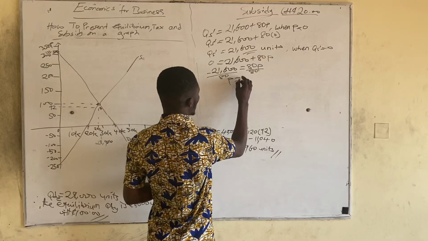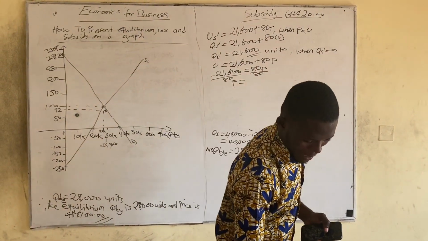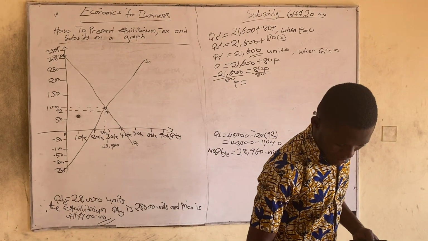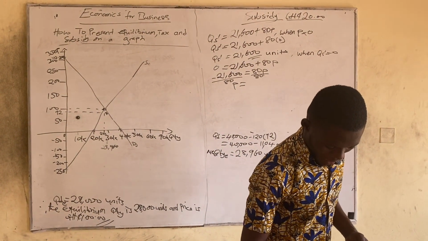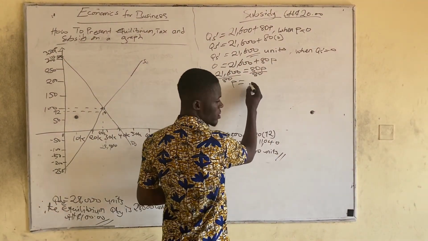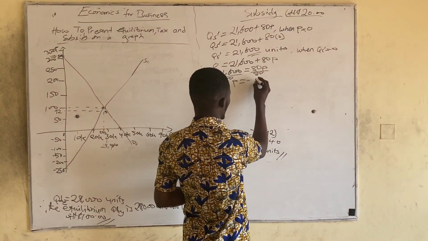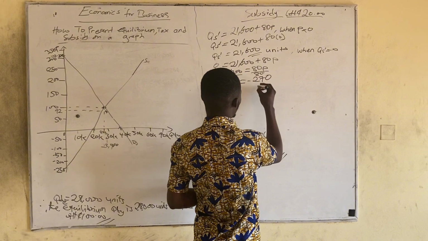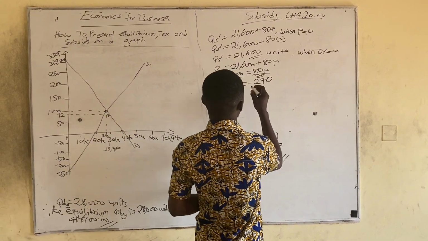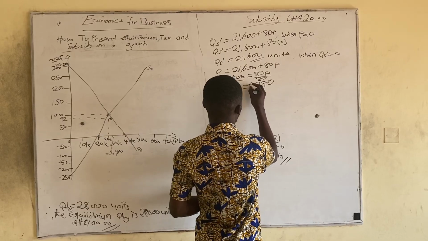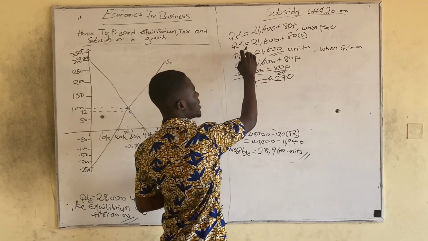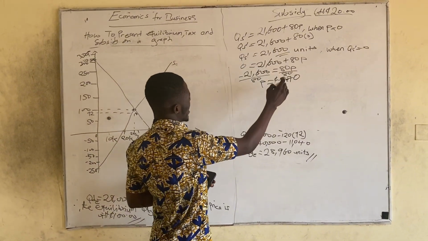Then our p will give us minus 21,600 divided by 80. We will get p to be negative 270, like this. So we have the new quantity supply, and then the price.